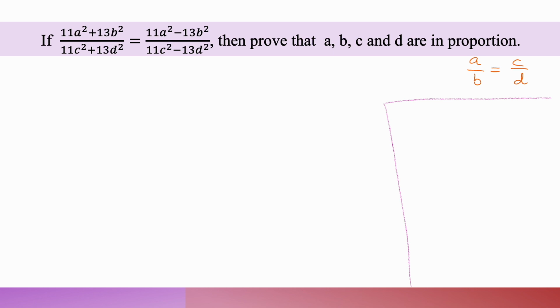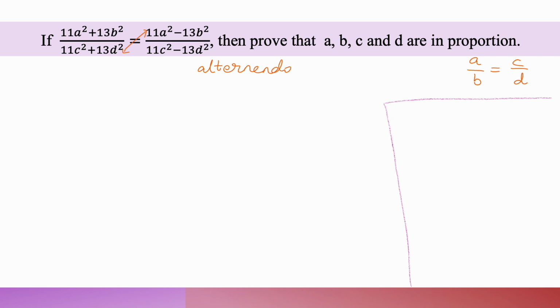So using the first property of Alternendo, that means we cross multiply one denominator and one numerator. What we get is we cross multiply the denominator of left hand side and numerator of right hand side.